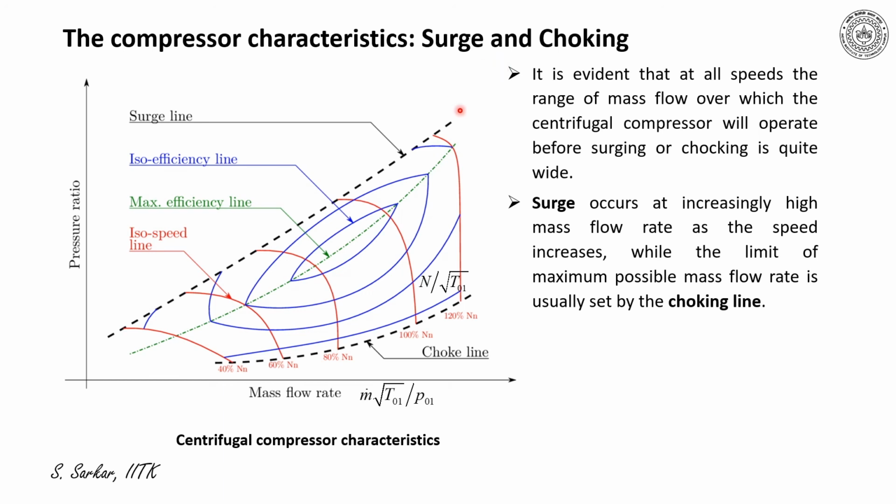Further, surge occurs at increasingly high mass flow rate as speed increases, while the maximum possible mass flow rate at any speed is usually set by the choking line.